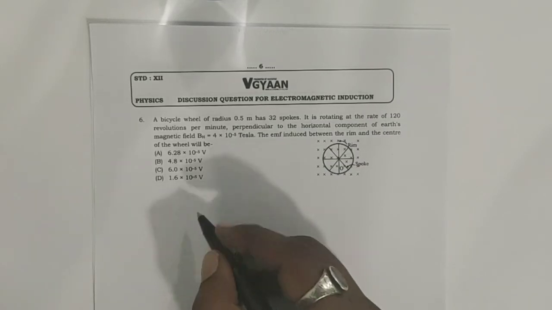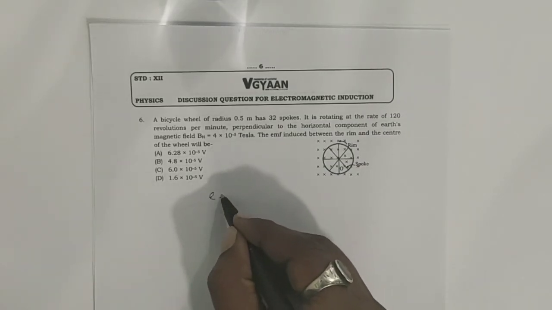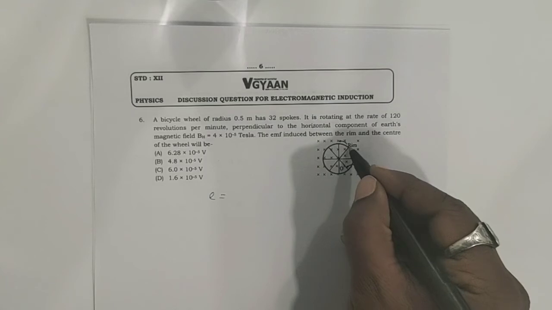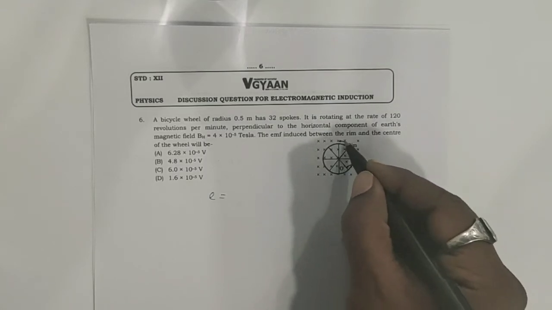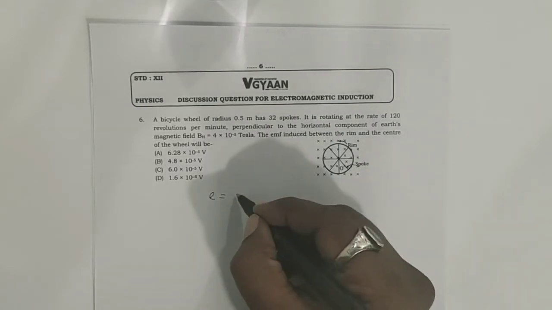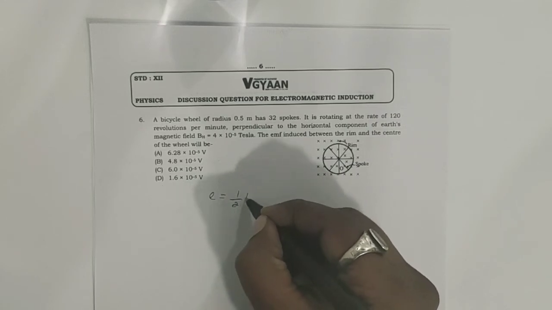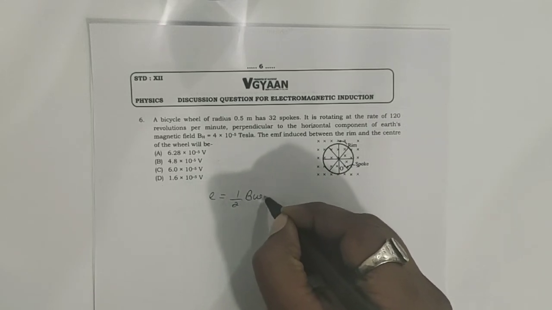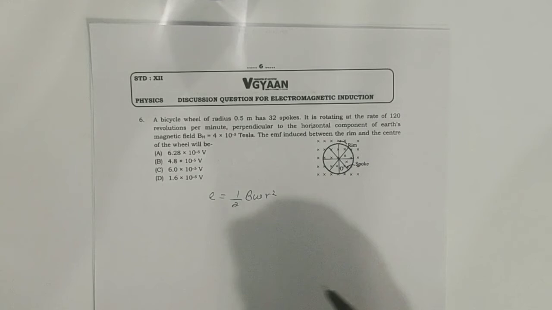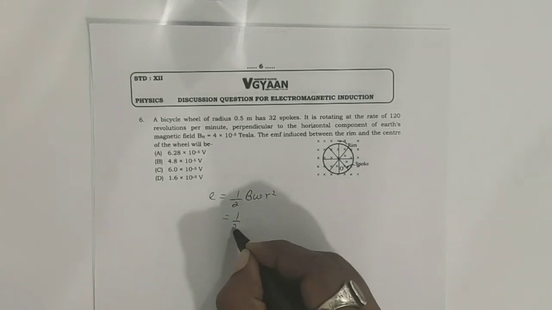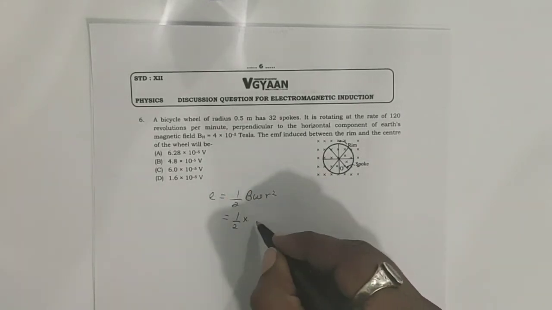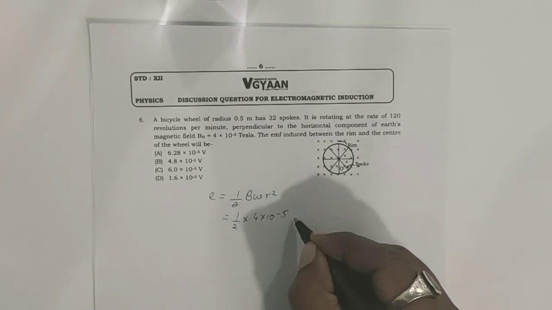And in such a question, the EMF induced between the center and the rim is given by the formula half of B omega R square. Straightforward substitution, that's half into the magnetic induction, which is given as 4 into 10 raised to minus 5, omega.